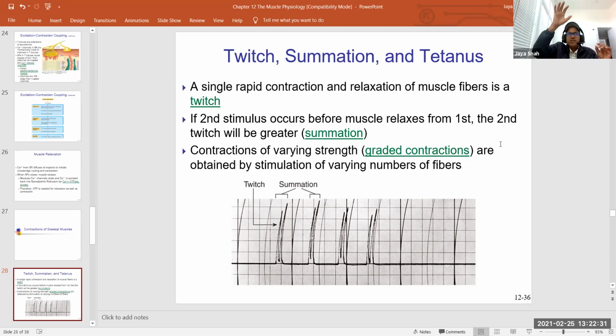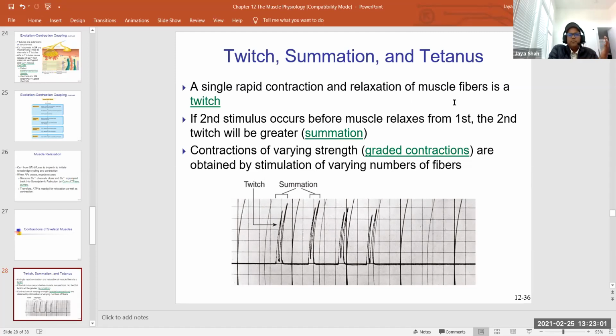Once a motor neuron releases neurotransmitter and contracts one single muscle fiber, that is called a twitch. Have you experienced twitching of your eye, a single twitch? That is kind of a twitch. So a twitch is a single rapid contraction and relaxation of a muscle fiber.